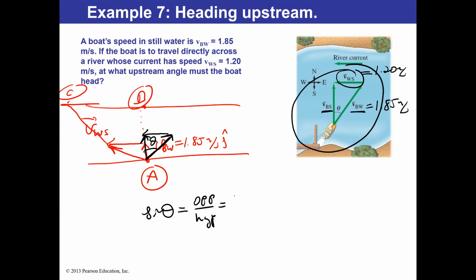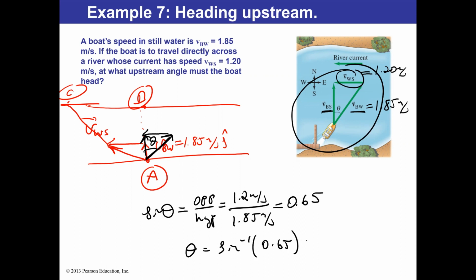The opposite is the speed of the water with respect to the shore, 1.2 meters per second, and the hypotenuse is 1.85 meters per second. This gives us 0.65, and the inverse sine of 0.65 gives a 40.4 degree angle. That means the boat has to head 40.4 degrees east of north in order to go in a straight line toward north, from point A to B.